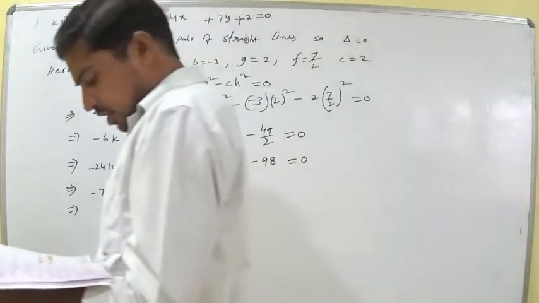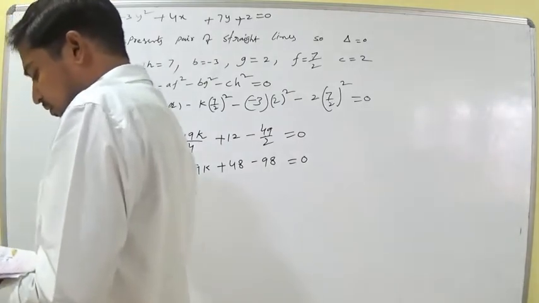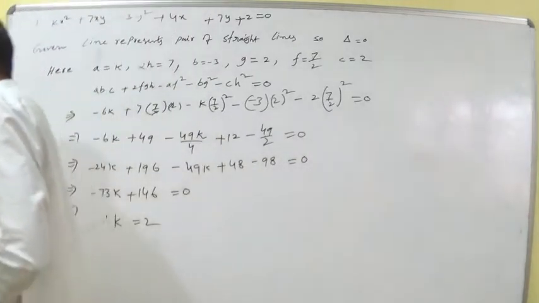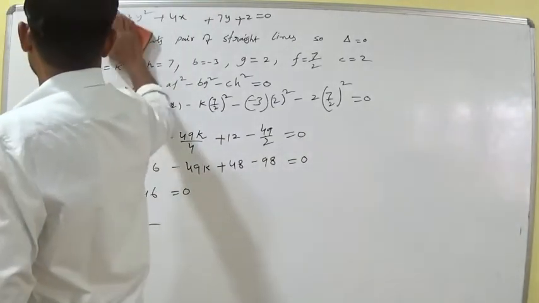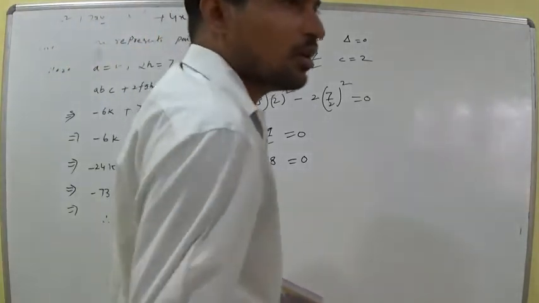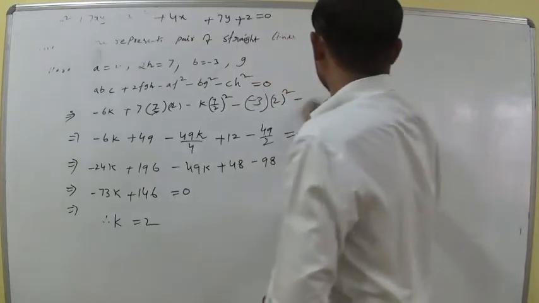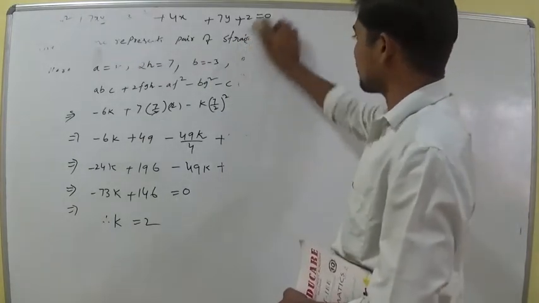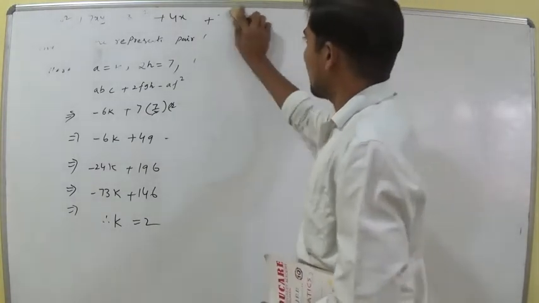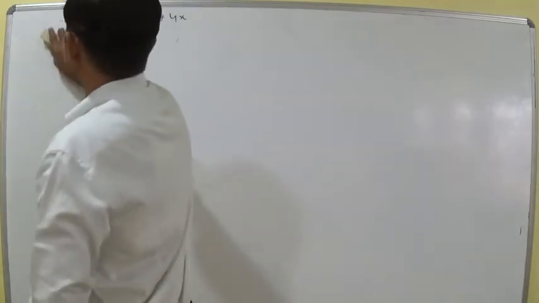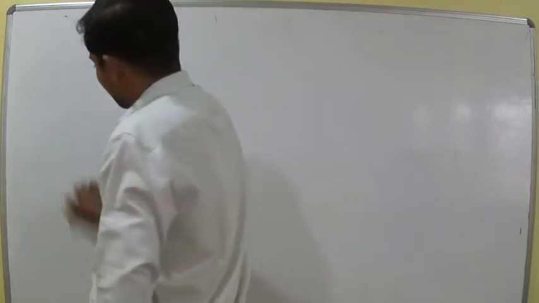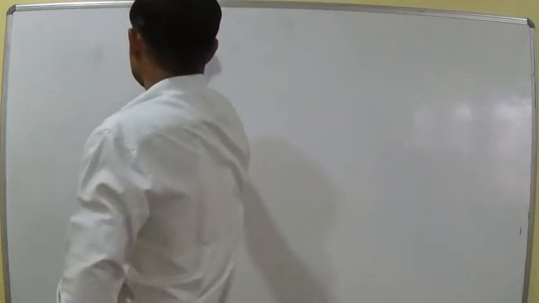Now next one, the point of intersection of pair of lines represented by, the intersecting point is (hf minus bg by ab minus h square, gh minus af by ab minus h square). We can use that identity, otherwise we can solve like this also.